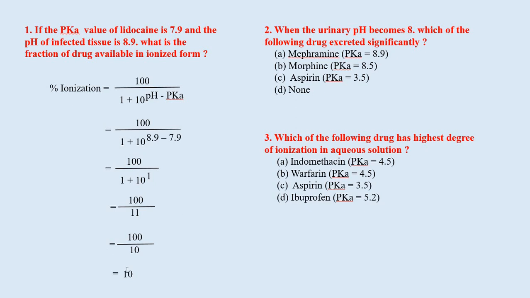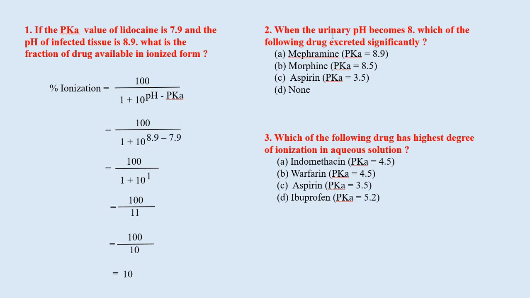Like that, see the next: when the urinary pH becomes 8, which of the following drugs is excreted significantly? We saw two basic principles there, like dissolves in like, which you have to remember in such a case.